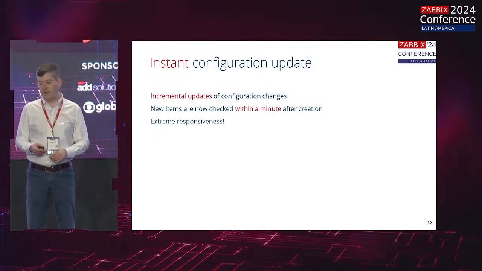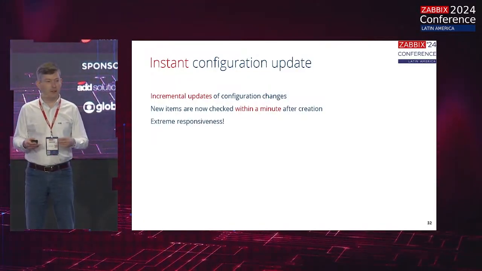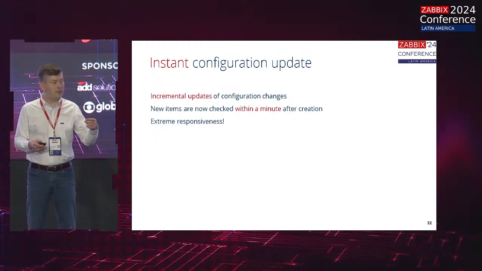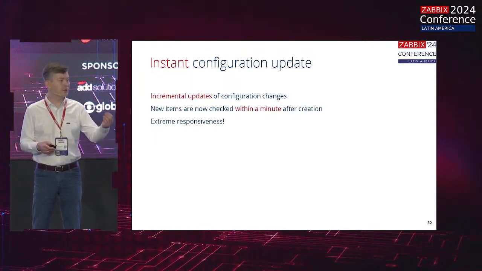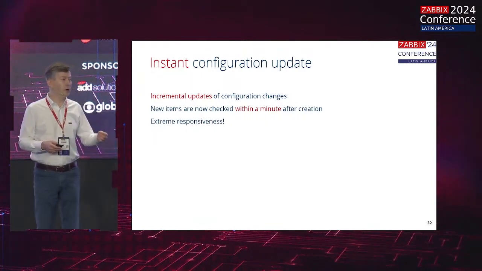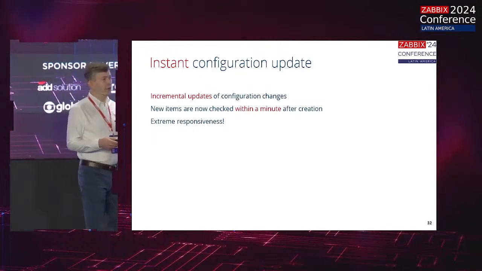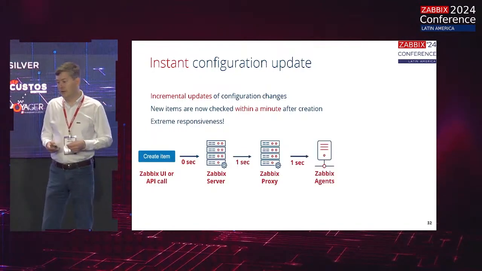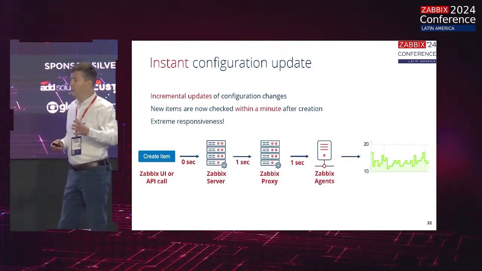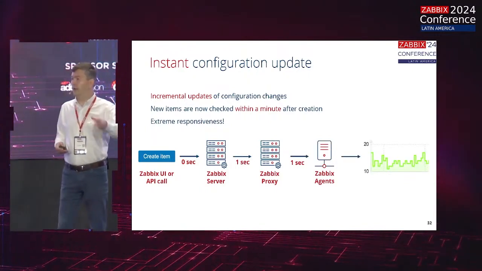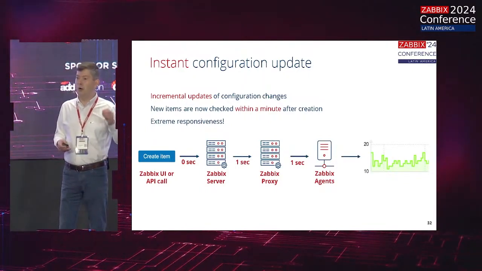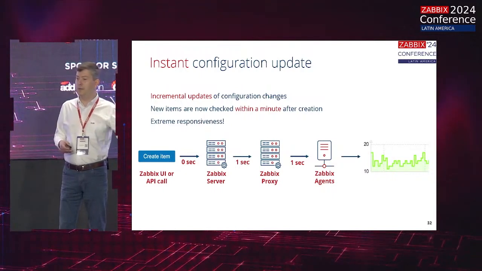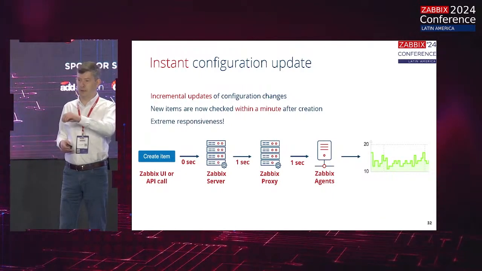Now, this instant configuration update. Basically, with every new release of Zabbix, with 6.2, 6.4, 7.0, we are introducing better responsiveness. Like, you create an item, you create a host, for example, and all components of Zabbix are immediately informed about it.